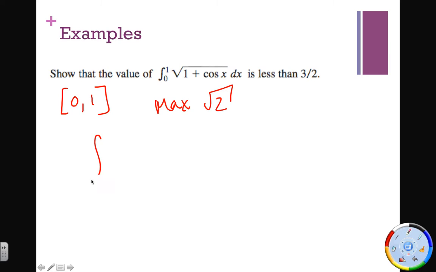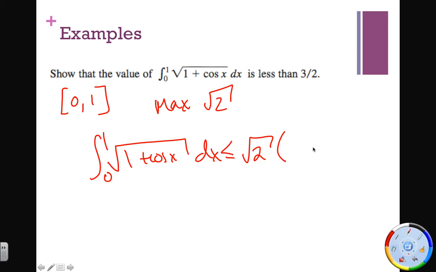So I can show, using our min-max inequality, I can say the integral from 0 to 1 of the square root of 1 plus cosine x dx is less than or equal to square root of 2 times b minus a, whatever here, which is root 2.